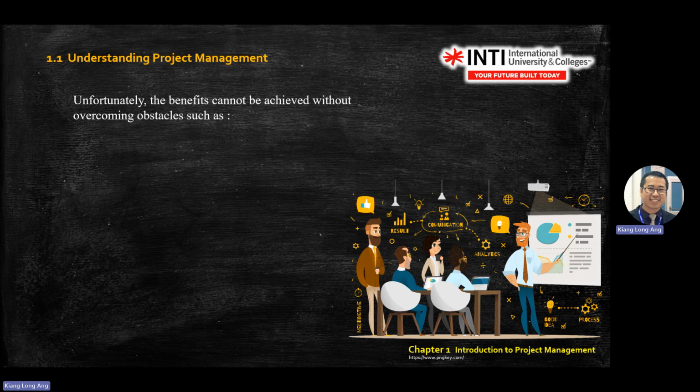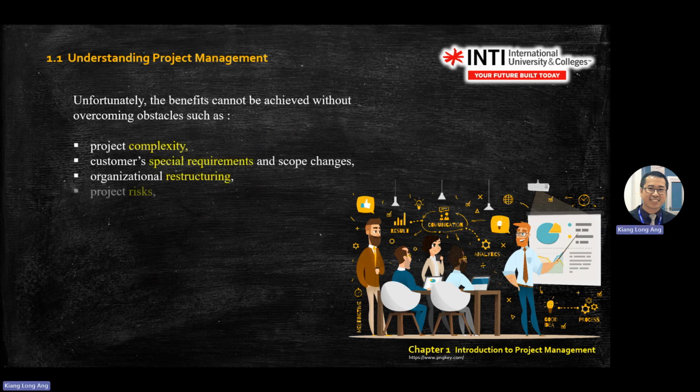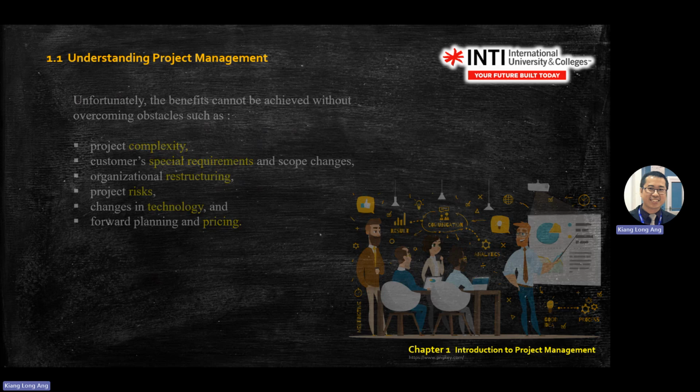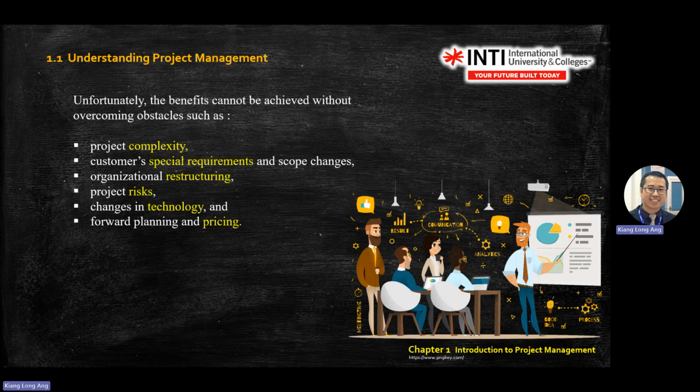So unfortunately, the benefit cannot be achieved because of all these factors. Okay, constraints. So all these are constrained, maybe because of complexity, risk, and organization restructure. That means a bigger financial group bought over the company, so they need to do restructuring while you run the projects.